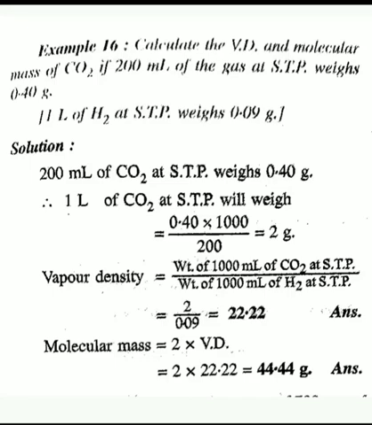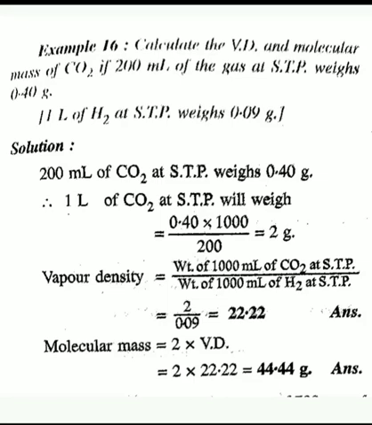So 2 by 0.09 equals 22.22. Molecular mass is 2 into vapor density, so 2 into 22.22 equals 44.44 gram. This is the molecular mass of that gas.